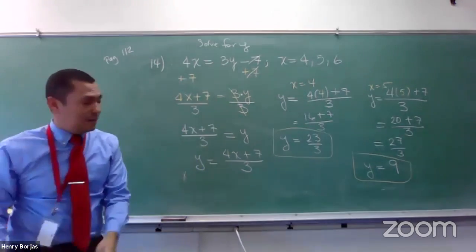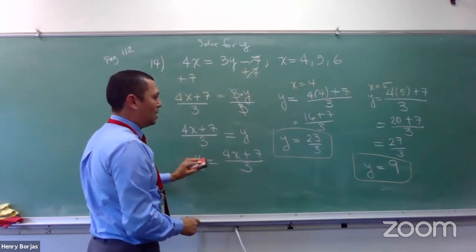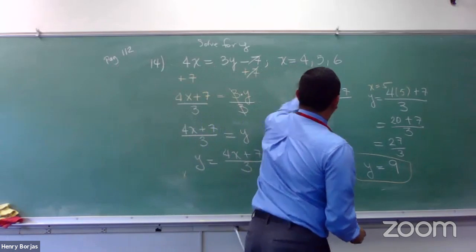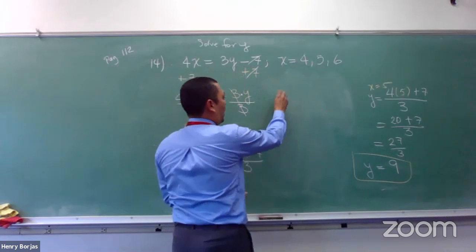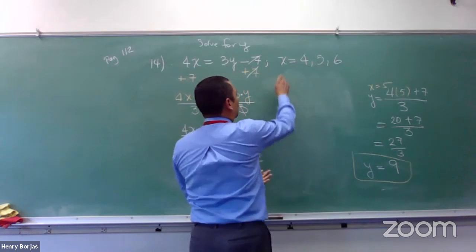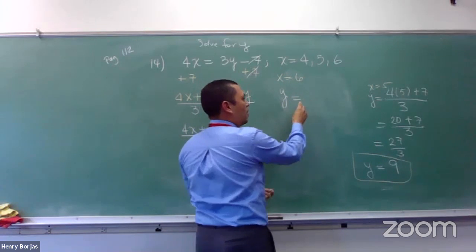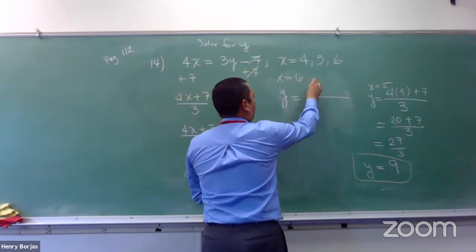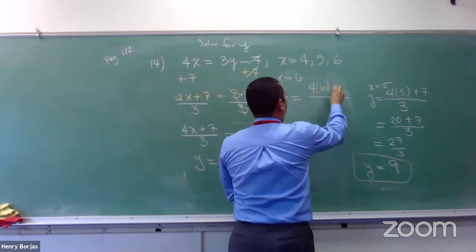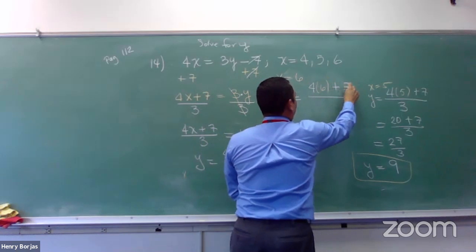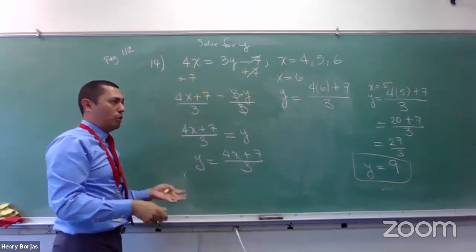Let's do the third one. I have x equals to 6. Y equals to 4 times 6 plus 7 over 3. 4 times 6 is 24.